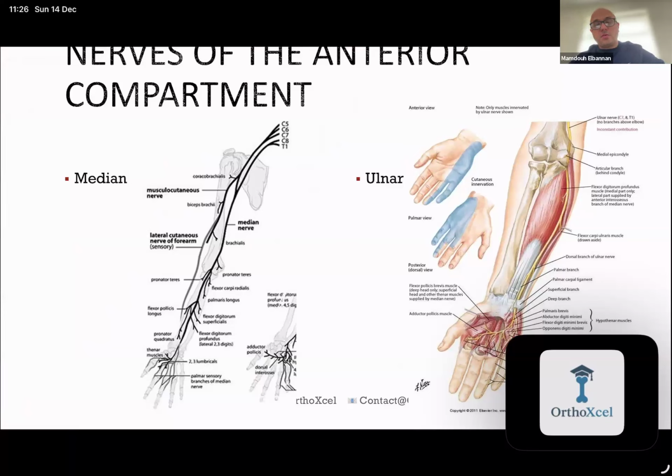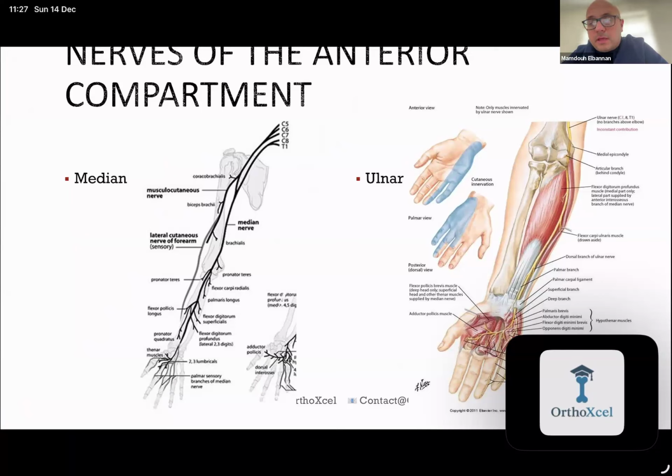You have to know exactly the anatomy of the median nerve and the ulnar nerve. The median nerve comes from which roots? From C5 to T1. And keep in mind, for the median nerve and the radial nerve, it's C5 to T1.